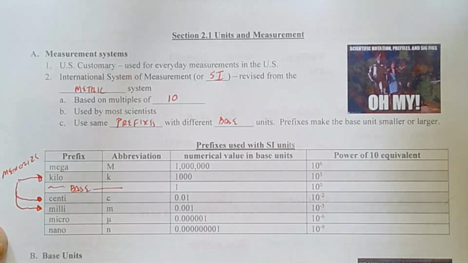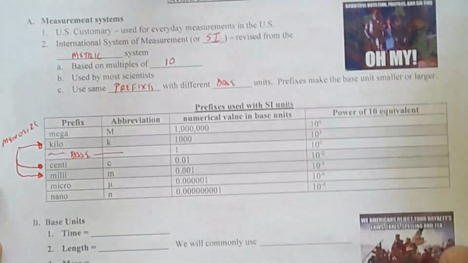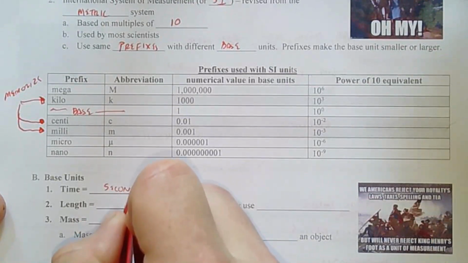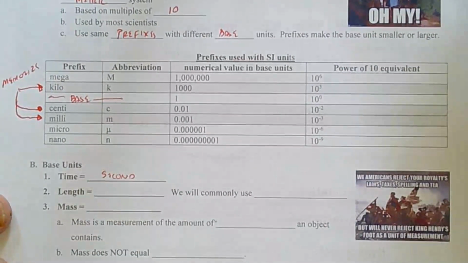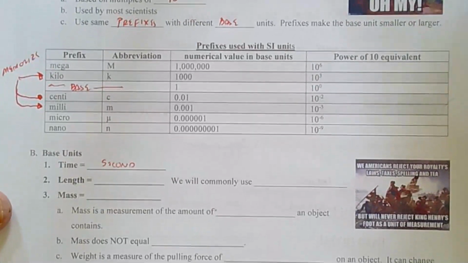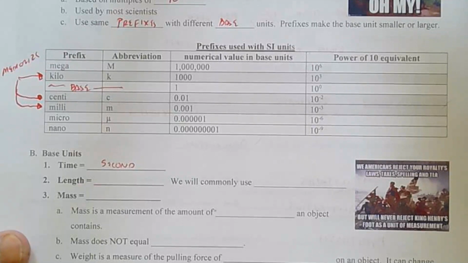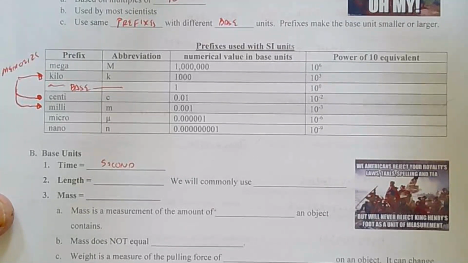So let's talk about base units. For time, the base unit is the second. Okay, no big surprise there. So whenever we're timing something, we're going to typically measure that in seconds.